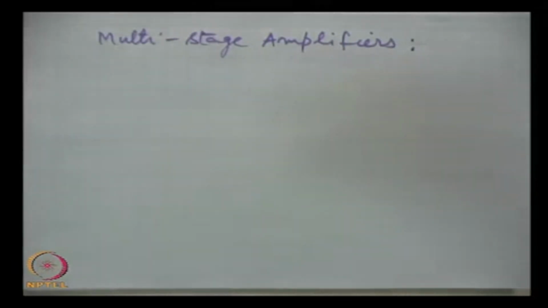We have been considering so far single stage amplifiers, that means one transistor with its biasing network and coupling networks that forms a single stage amplifier. The gain of a single stage amplifier may not be sufficient for many applications, whether it includes running a motor or some other equipment. In practice, single stage amplifiers are actually of less use.